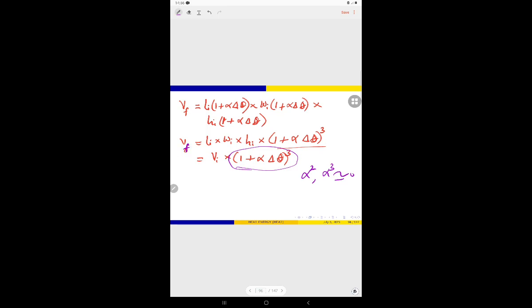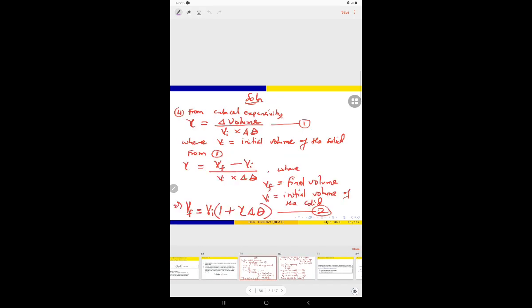Your Vf will be so simplified. Then after simplifying, you let those terms go to 0, and then you can equate that Vf with the Vf in equation 2. When you simplify it, your answer will come.